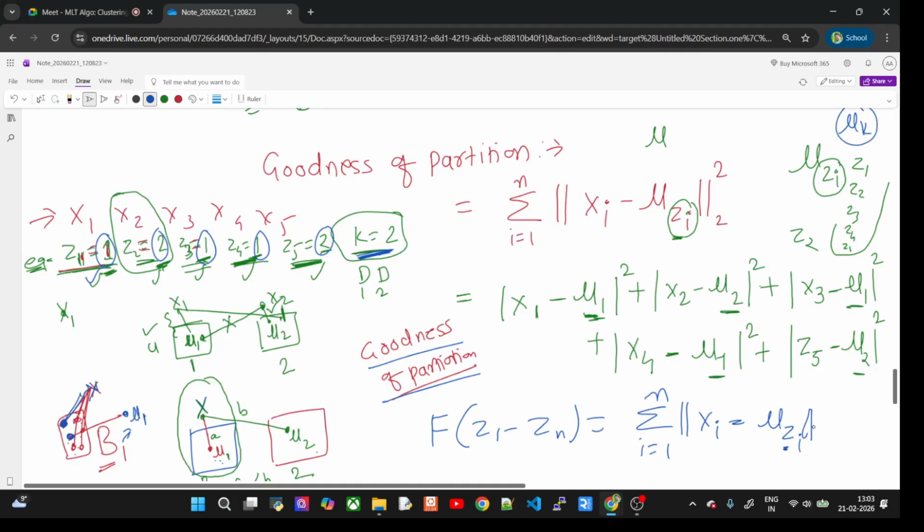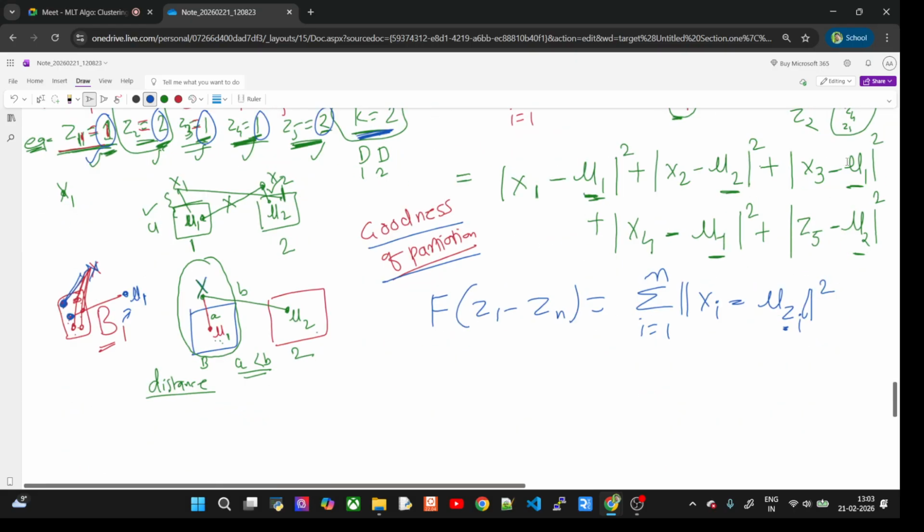You may be asked in the exam what the formula of goodness of the partition is, and there may be an option with mu k. That mu k is not the correct one.